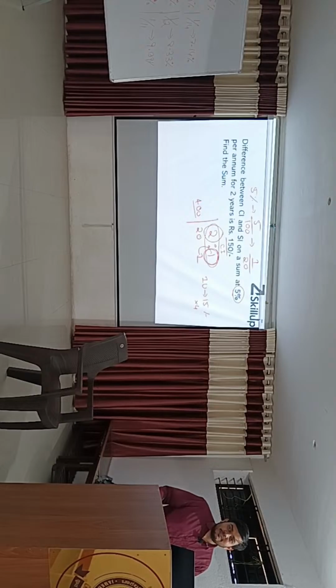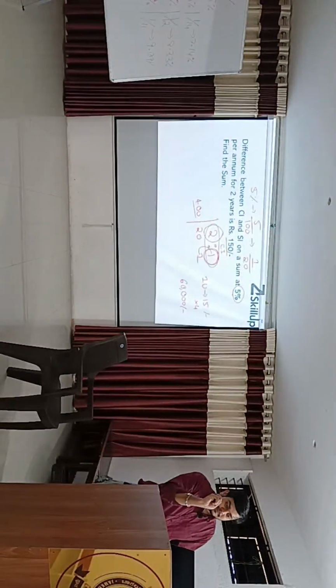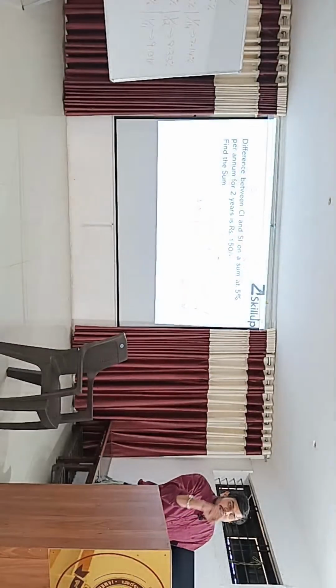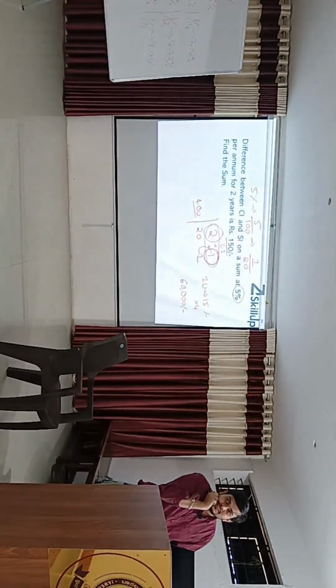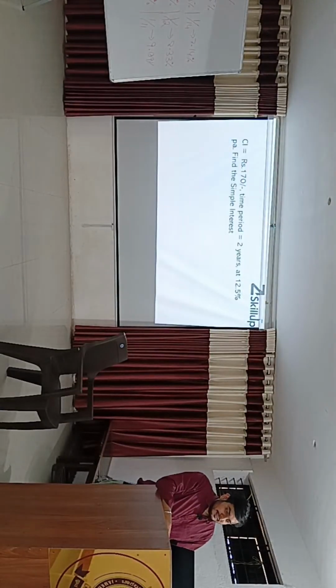Okay? 15 goes up, 60, I'll add 3 zeros. That is 60,000. That means the principal amount is 60,000. Time period 2 years. The difference between simple interest and compound interest is 150 rupees. Okay? Next question.